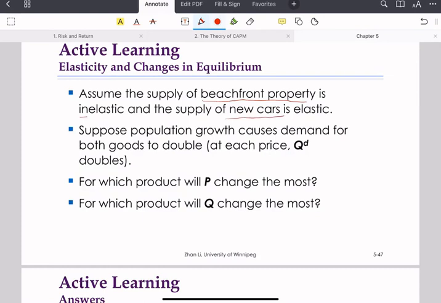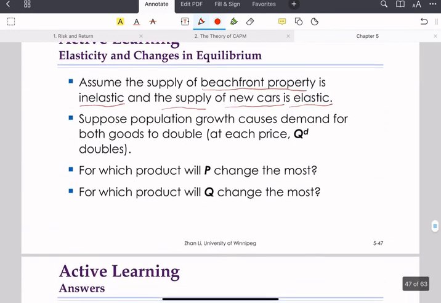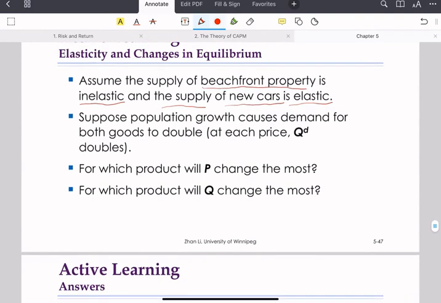The supply curve for the first market is inelastic, and the supply curve for the second market is elastic. So what we're going to do is we will use this supply and demand curve, and we will look for how market equilibrium changes. So let's first discuss beachfront houses.